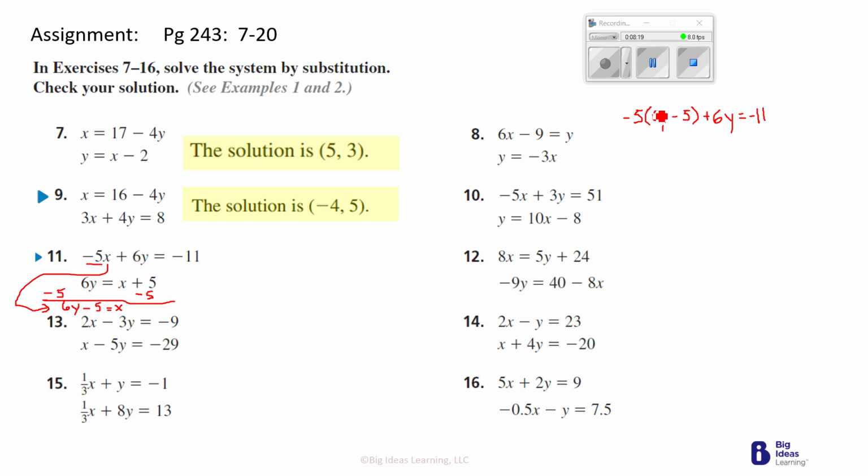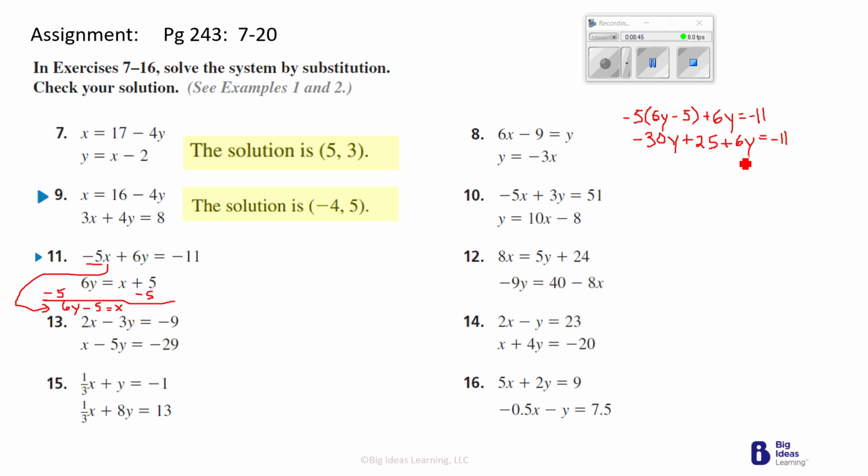All right, negative 5 times 6y is negative 30y. Negative 5 times negative 5 is positive 25. Now we're adding 6y. And all this has to equal negative 11.